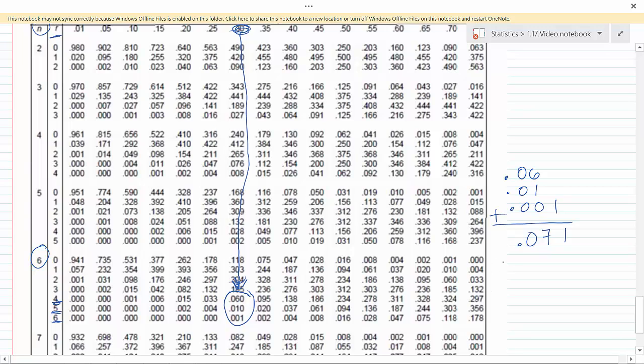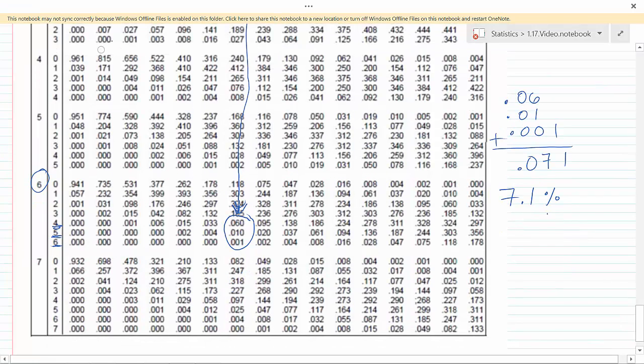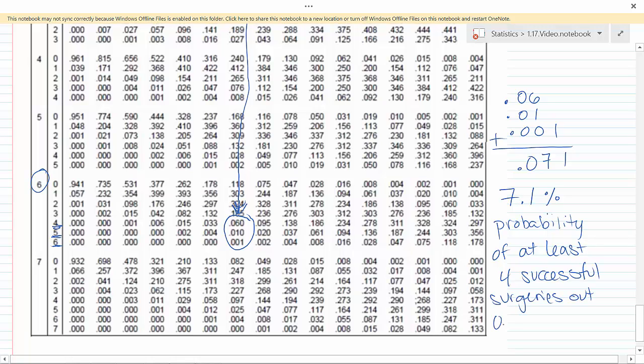And I see the probability of at least 4 successful surgeries is about 7.1%. And that's for the old technique. So 7.1% probability of at least 4 successful surgeries out of 6 for the old technique.